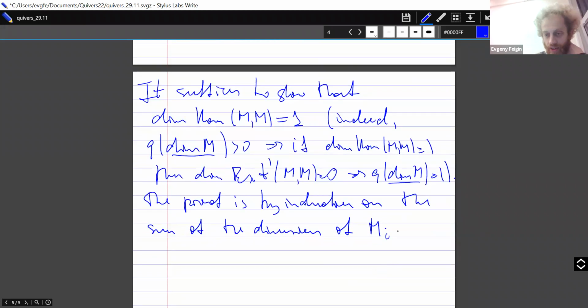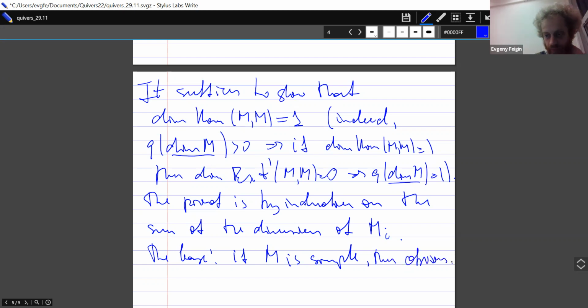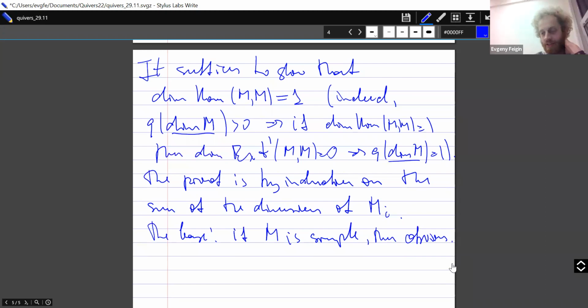So in particular, the base of the induction: if M is simple, so it just means that it's one dimensional at some vertex and zero dimensional at all other vertices, then it's clear. Obvious, yeah. Right, because the homomorphisms from a simple to itself is just the trivial map from a one dimensional space to itself.